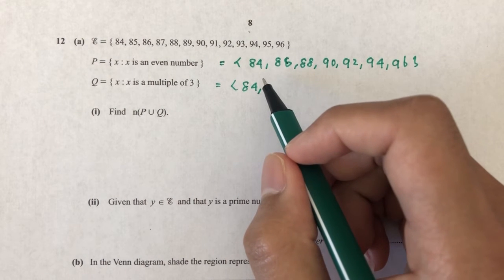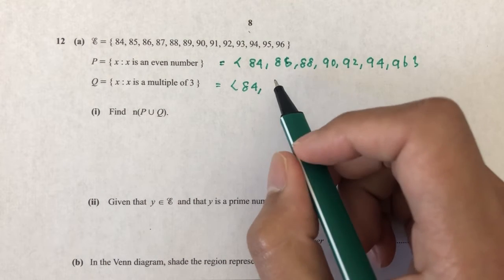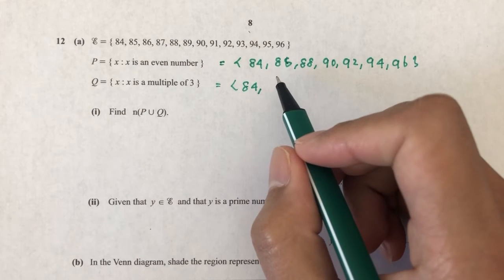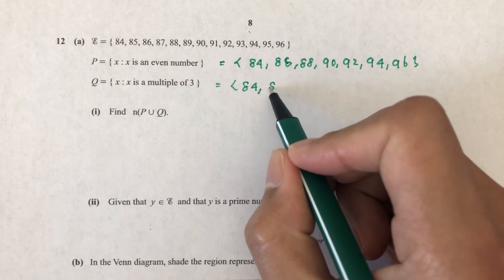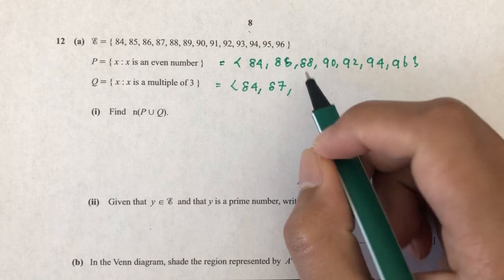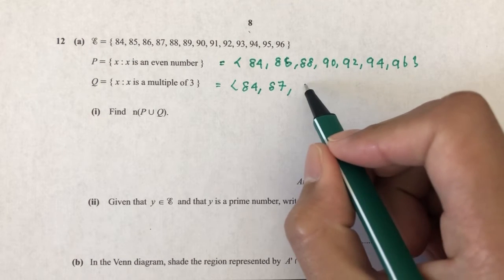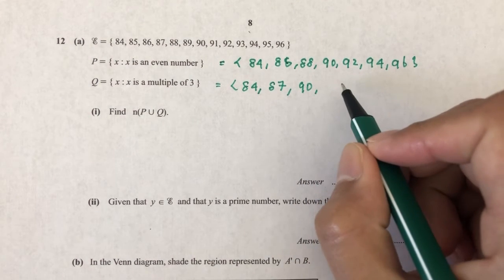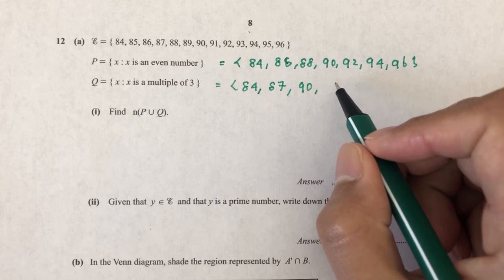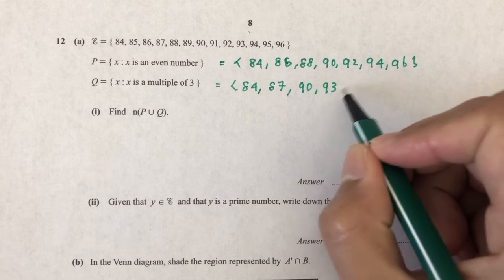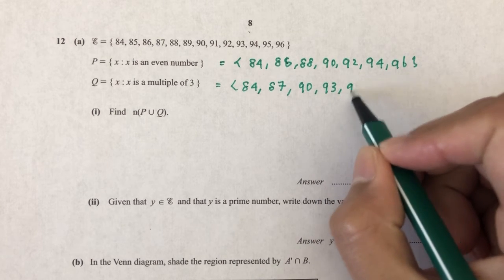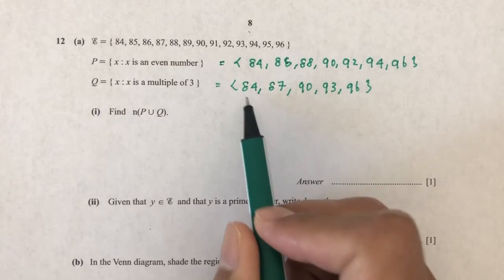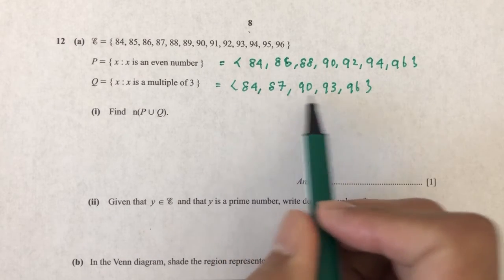Then we have 86, nope, 87, yes. 88, no. 89, no. 90, 91, 92, 93, and 96. So basically, after the first number, we add 3 every single time.